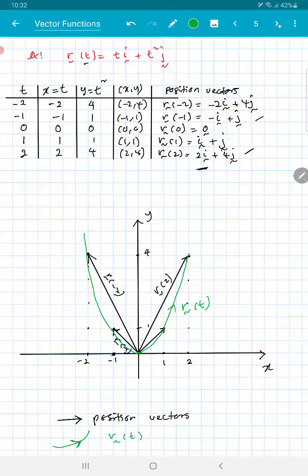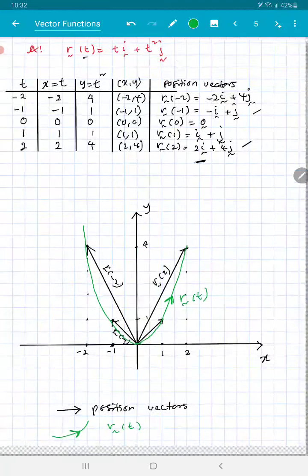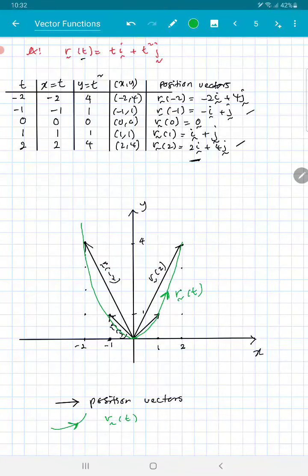As you can see, remember a vector has magnitude and direction. Here, I'm using the direction where we move from left to right. To determine the direction of your vector, you look at how the parameter t increases. At this point, t is -2.